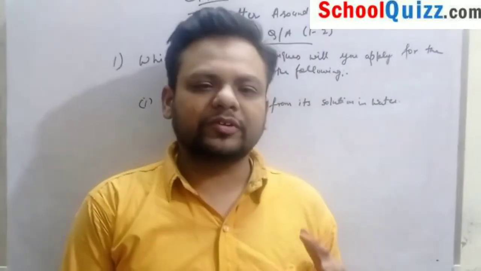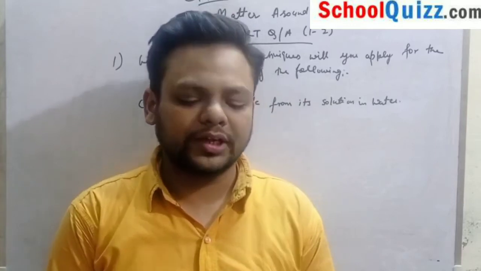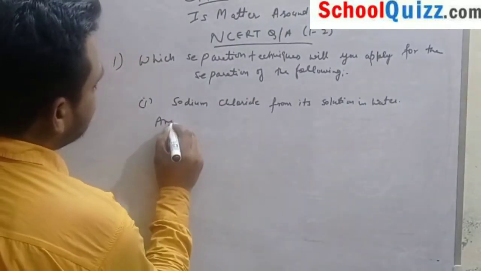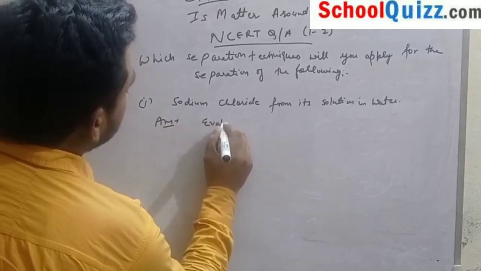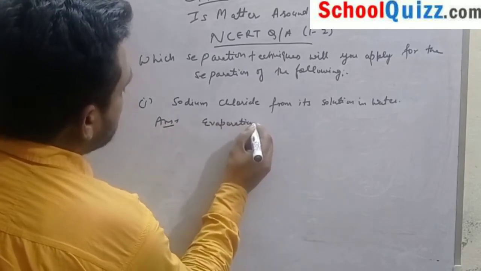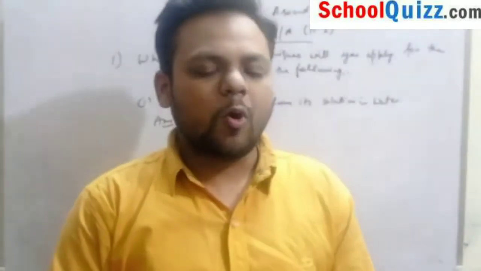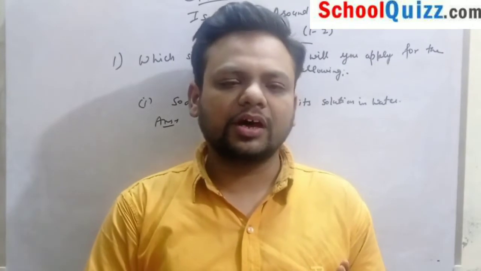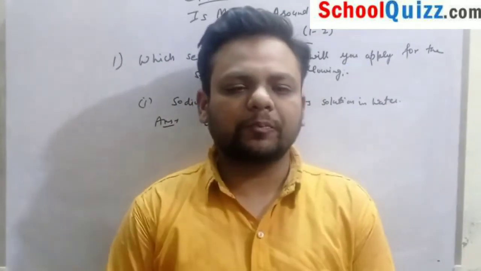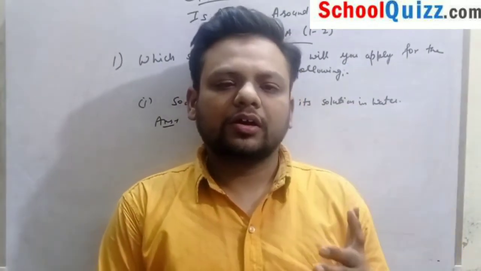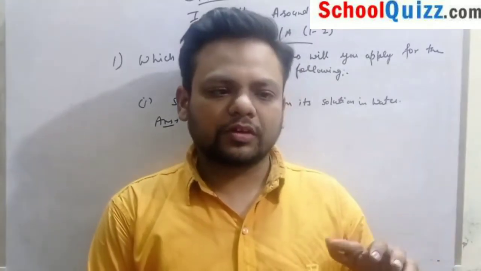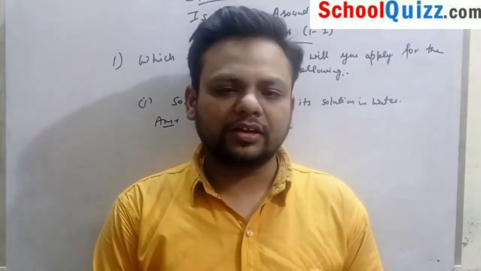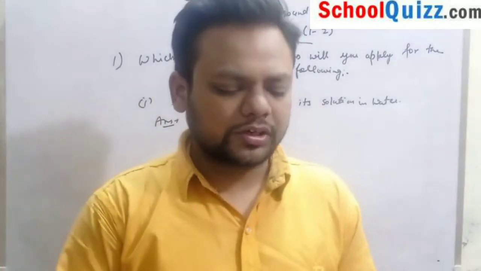We can separate it with the help of the technique evaporation. What happens in evaporation? All the water gets evaporated and the salt remains at the bottom. With the help of that technique, we can separate our salt from the water solution.